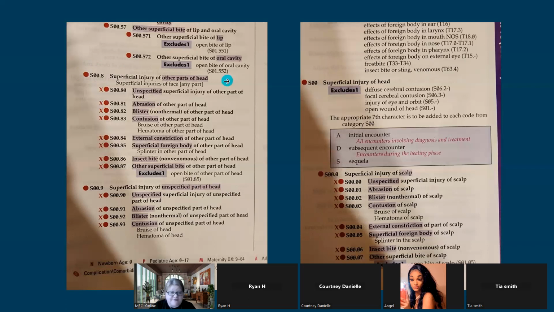Okay, so that fits. S00.83. I do want to look at these other things just to make sure nothing fits better. External constriction, superficial foreign body, insect bite, other superficial bite. No, none of that fits, but we got straight up contusion right there. That's as good a fit as we can ask for, right? Since it doesn't specify anything else.